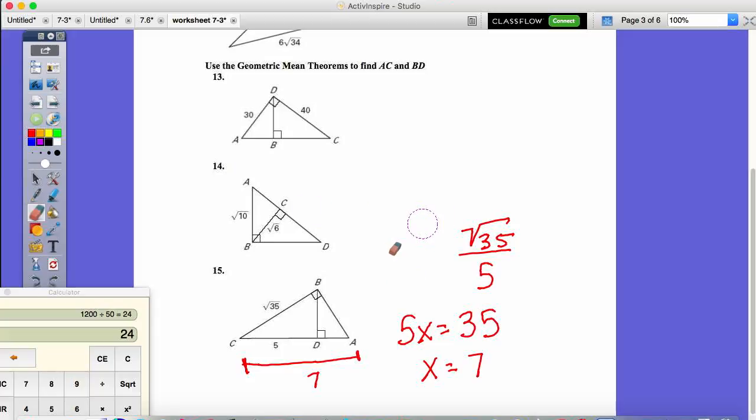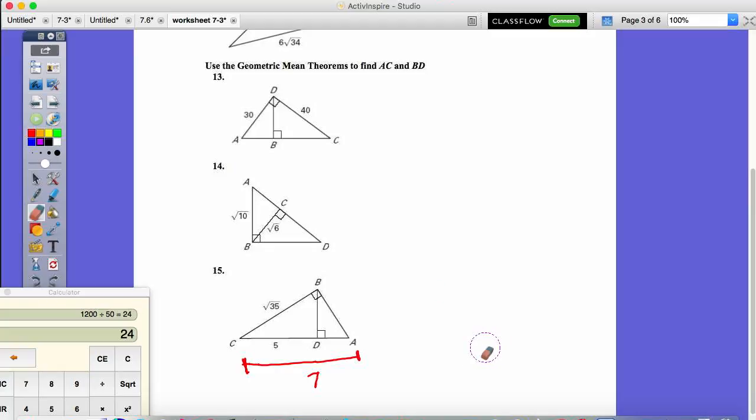That also means that to find BD, which is the altitude, I need to use the geometric mean altitude theorem. I need to have both segment lengths on the hypotenuse. If this segment, it's actually the larger segment, is 5, and the total hypotenuse is 7, A to D is 2.